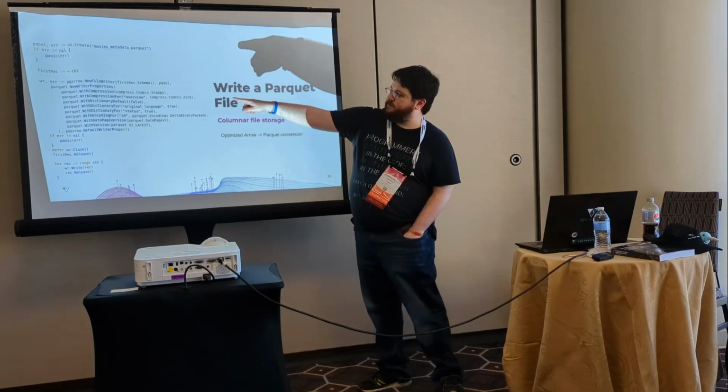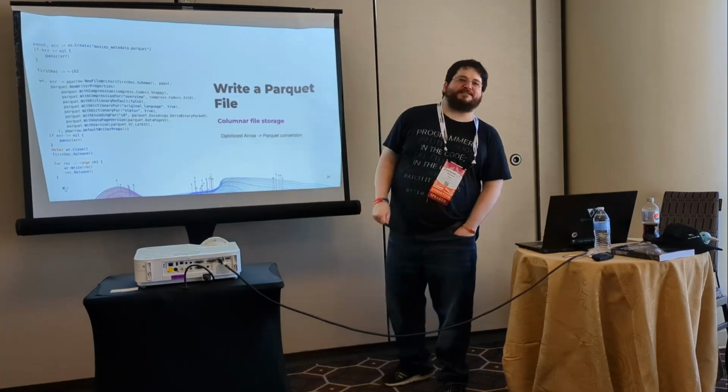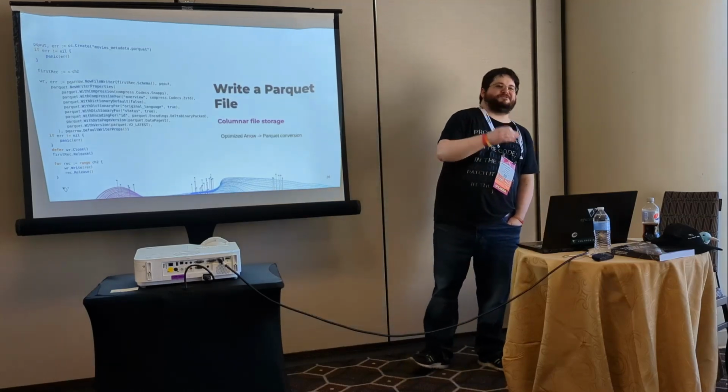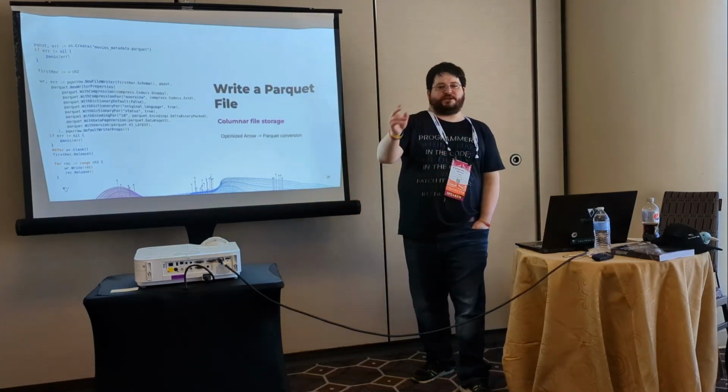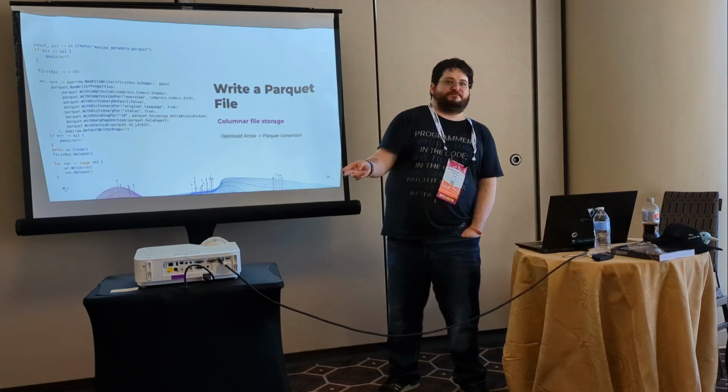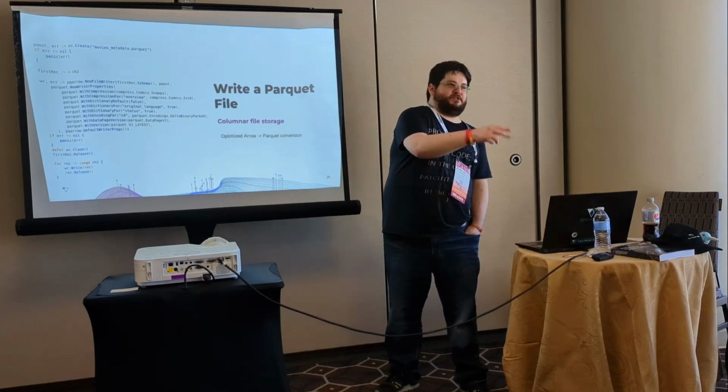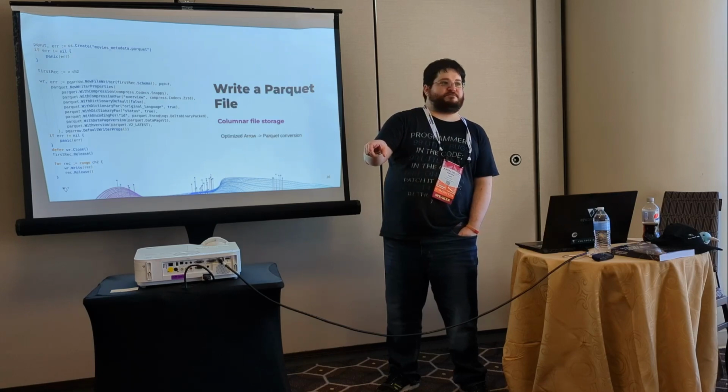But notice that we're calling pqarrow new file writer and passing it that schema. It's going to automatically convert the Arrow schema to a Parquet schema for you. And if there's metadata in your Arrow schema, it will propagate it over.